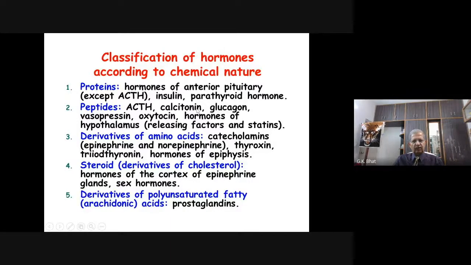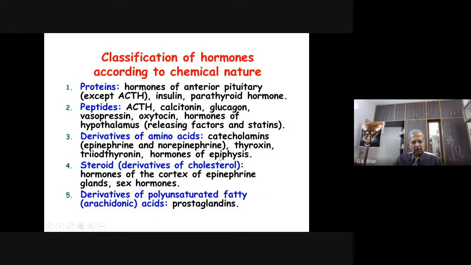Calcitonin produced by the thyroid, glucagon, vasopressin, oxytocin, and hormones of the hypothalamus are all small hormones, therefore peptides. These are a little bigger hormones, proteins: anterior pituitary hormones, insulin, parathyroid hormone. So these are all peptide hormones, right? Vasopressin and oxytocin are peptide hormones.